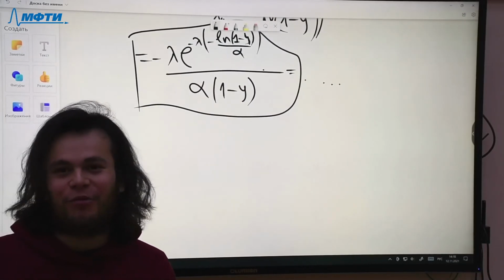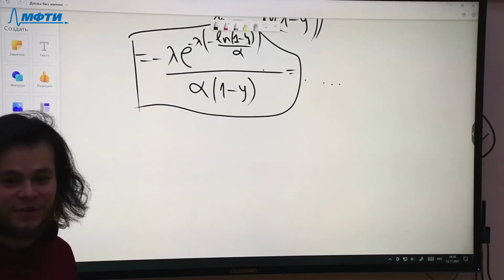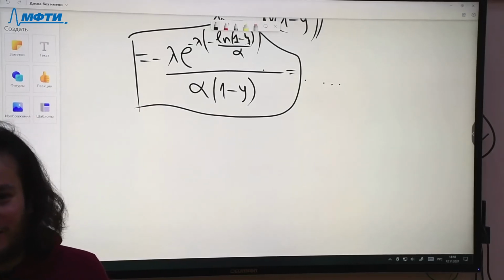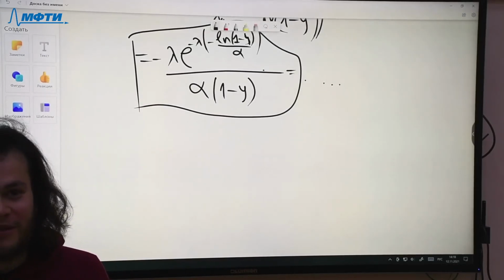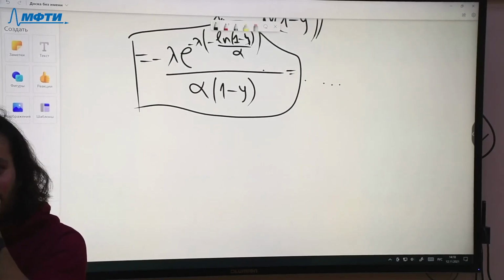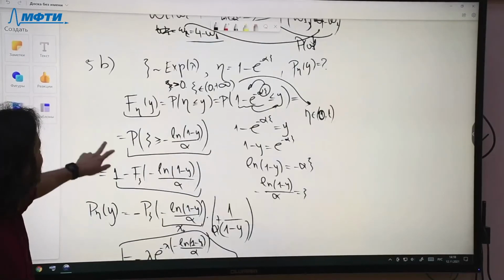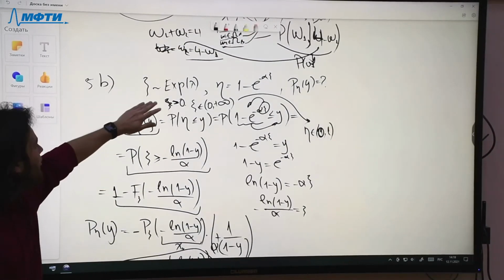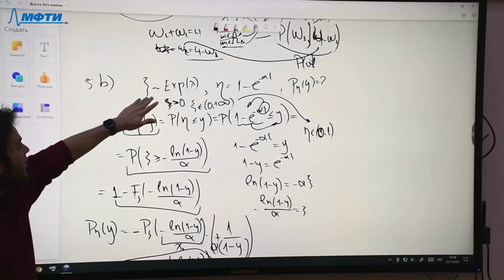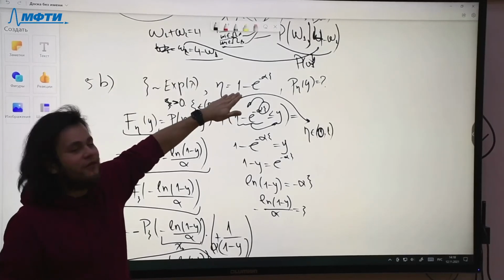It's everything that we did in class. So, like this is going to be on the test for sure. Any more questions? No? The process is very simple. Look, the process is like this. You have a random variable with some distribution. You have a function of this random variable.